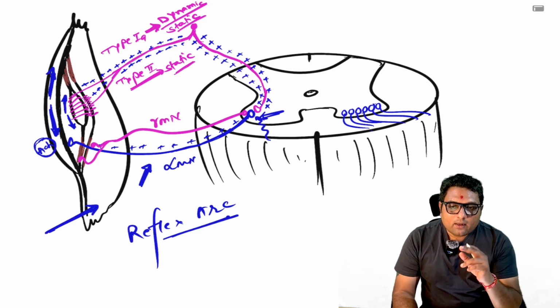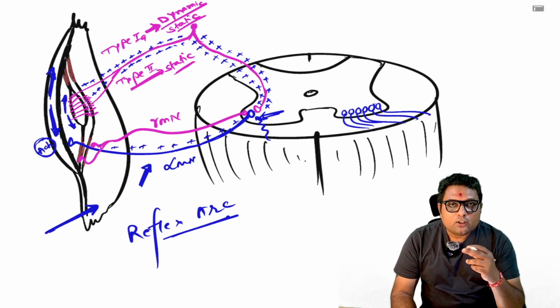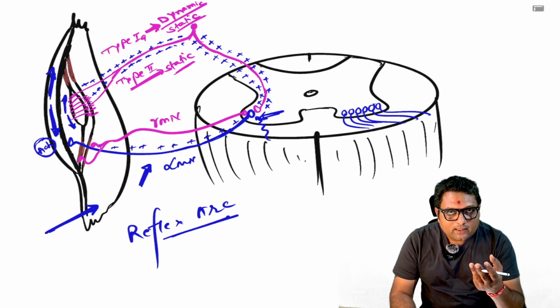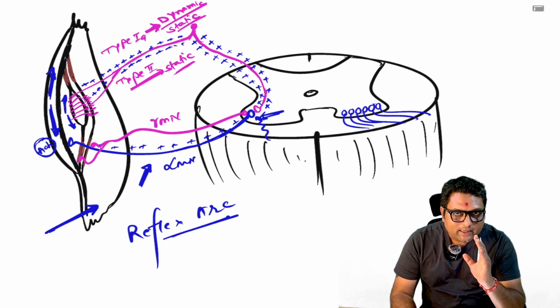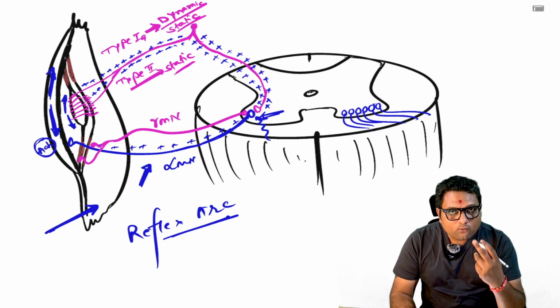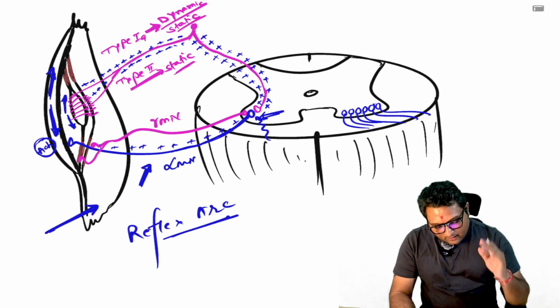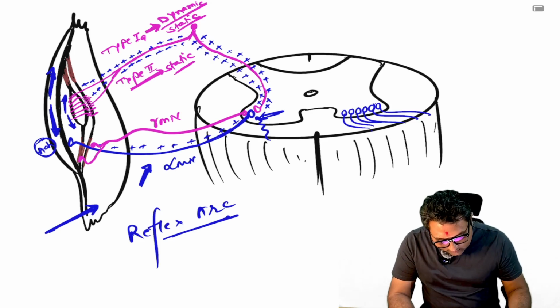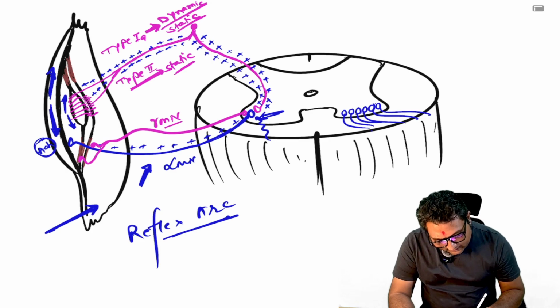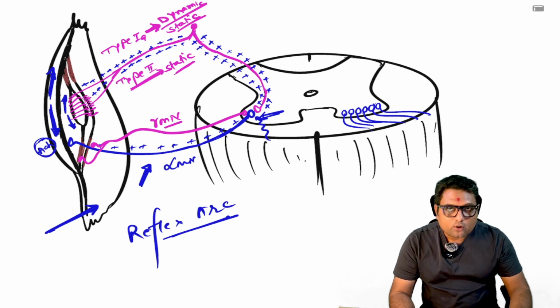So these type 1 and type 2 fibers increase the frequency of discharge, the frequency of action potentials, when a person is standing, but during walking or running, maintenance of posture occurs by which type of fiber? Type 1A fibers.